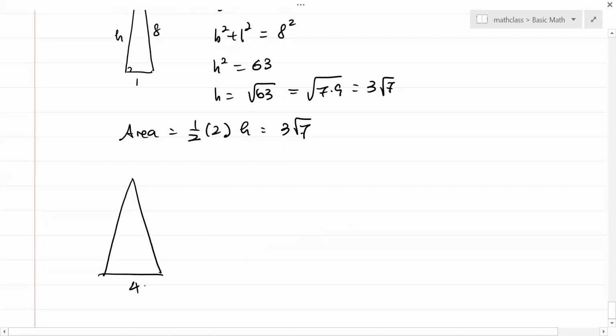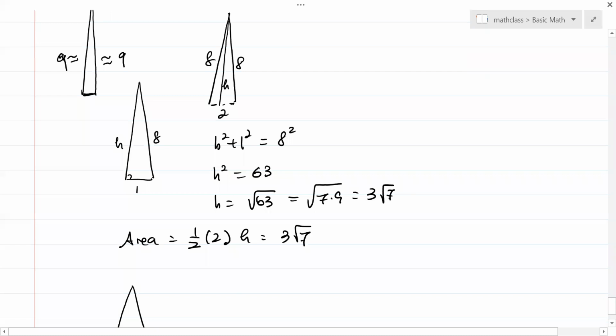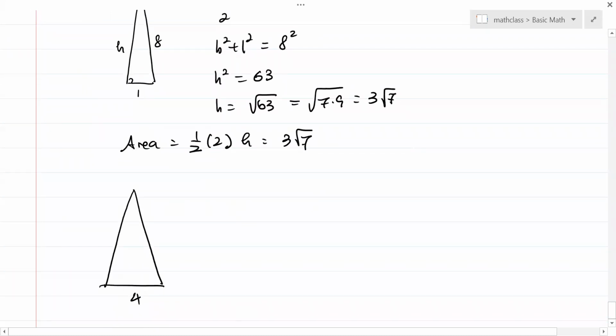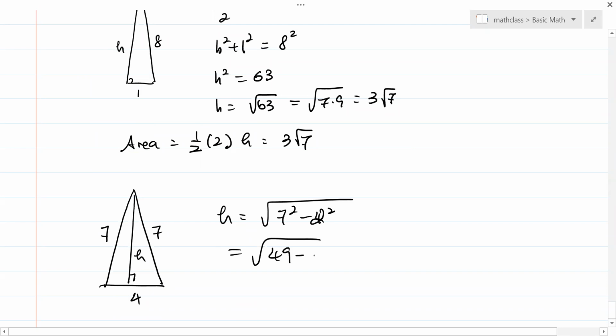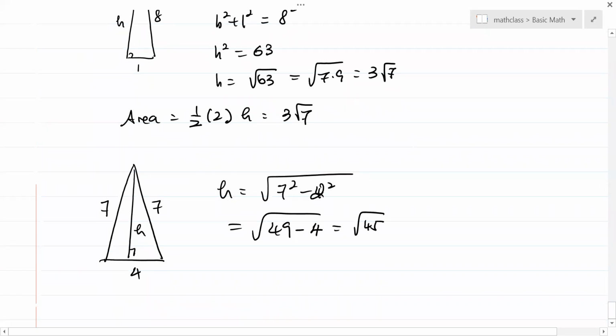So before, 8 minus 1 is 7. Then you look at another one. Then h is going to be 7 squared minus 2 squared, 49 minus 4, 45.